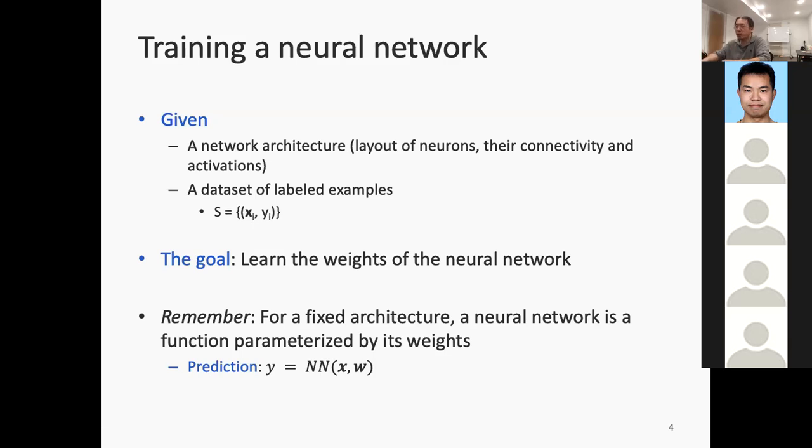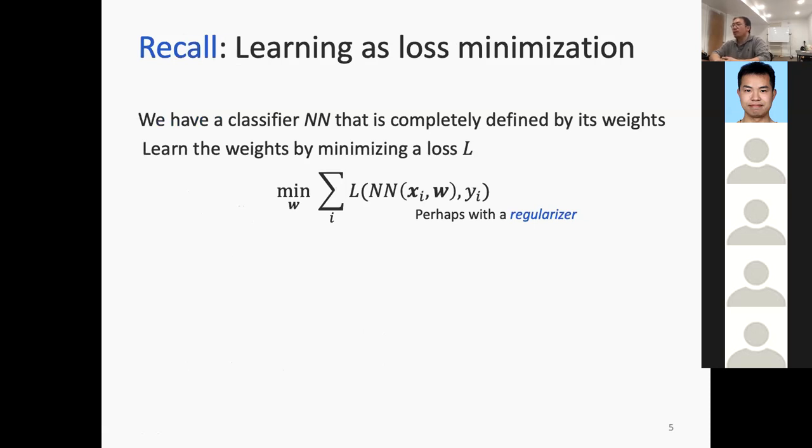From this point of view, you can consider the prediction of a linear classifier as a function of x and the feature weights as well. So you can view them in a unified way. That means we can consider the neural network classifier as being completely defined by its weights.